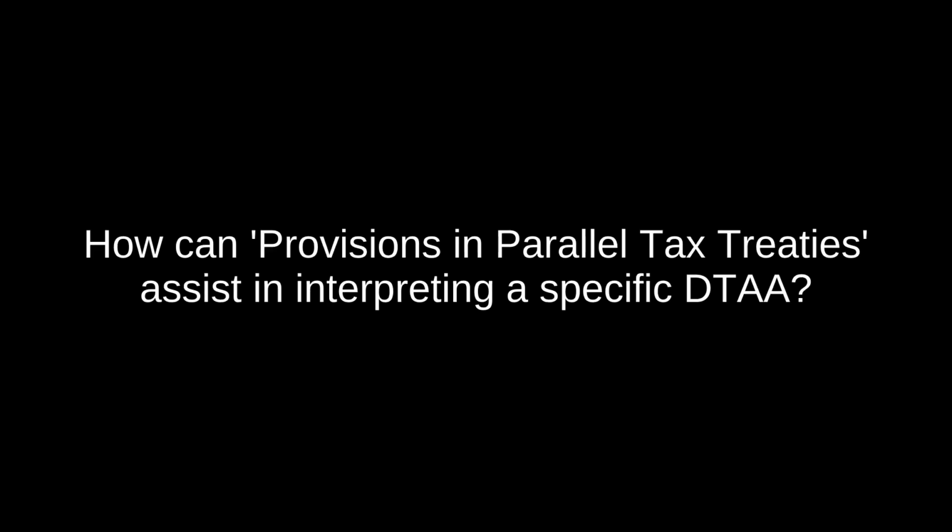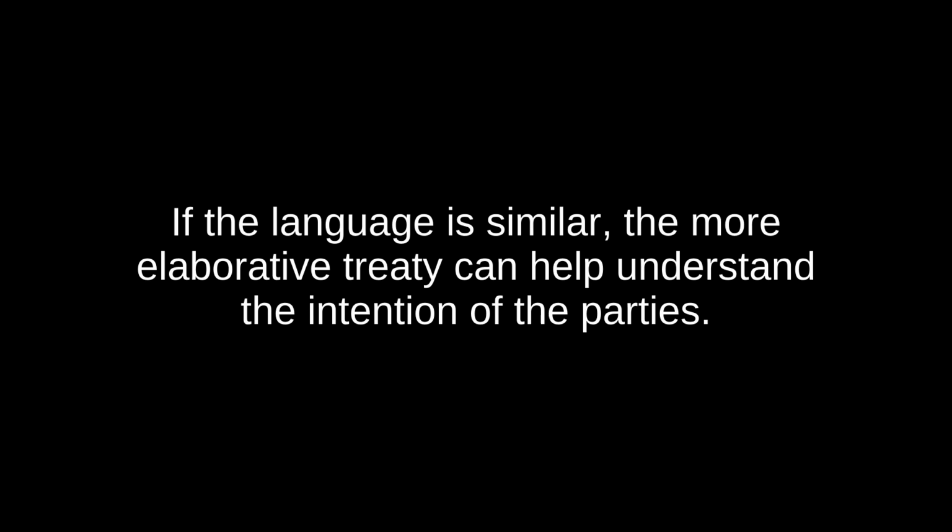How can provisions in parallel tax treaties assist in interpreting a specific DTAA? If the language is similar, the more elaborative treaty can help understand the intention of the parties.